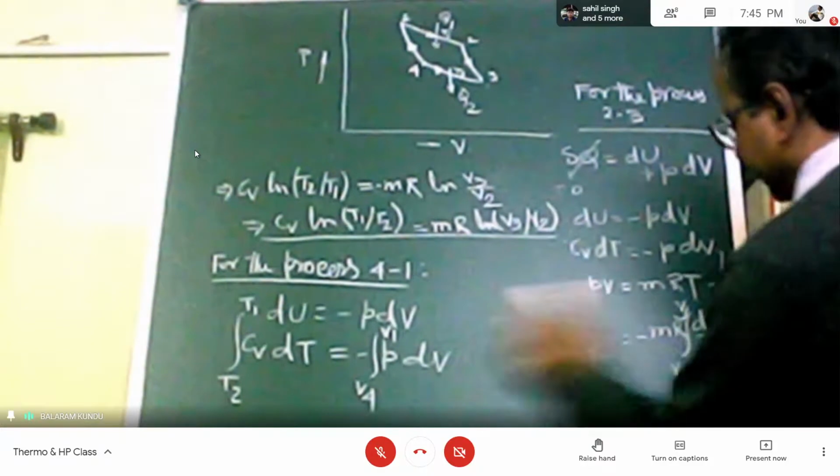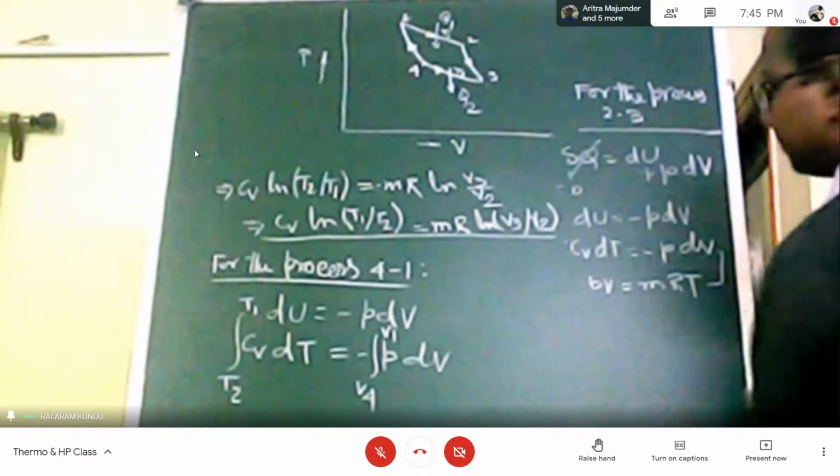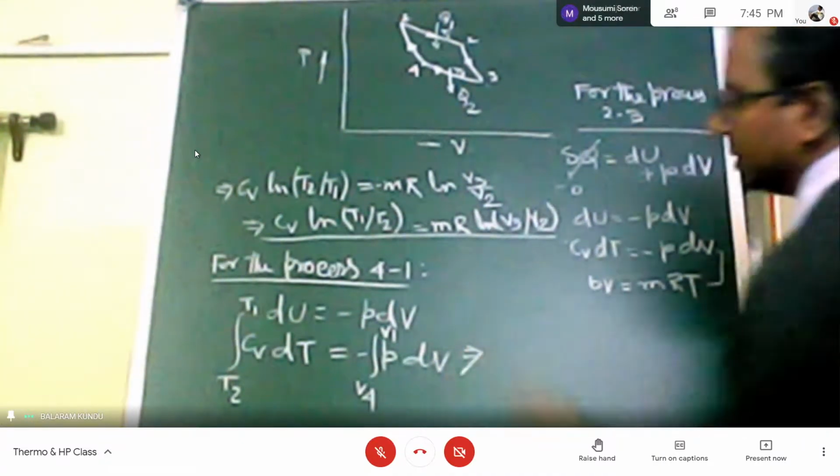Then in a similar way it is obtained, that can be written.